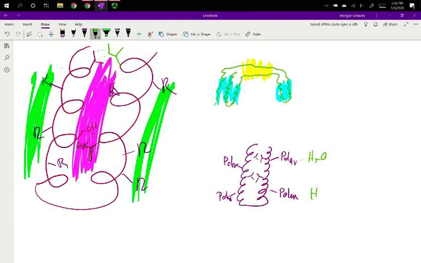Water's going to interact with it really well. Lots of water interaction. Beautiful. That means this is very soluble in water. In fact, you want the inside to be non-polar, because if the inside was polar, it might open up and water get in there. By having the inside be non-polar, it's kind of oily, it tries to seal itself up to get away from the water. And the outside being polar loves the water. And so this would dissolve very nicely in the bloodstream or in the cellular fluid.